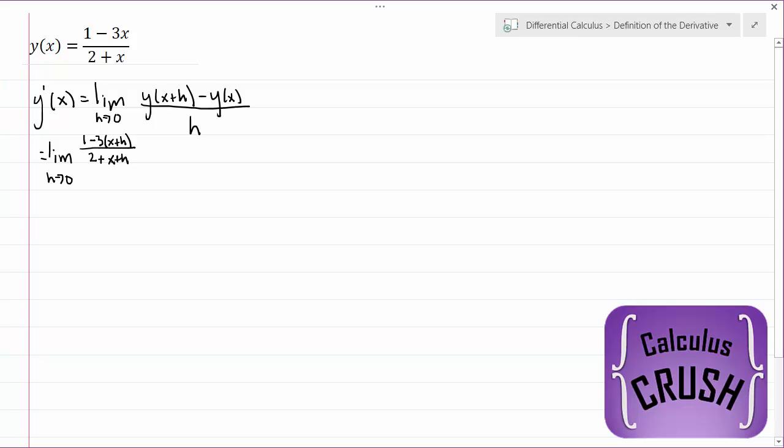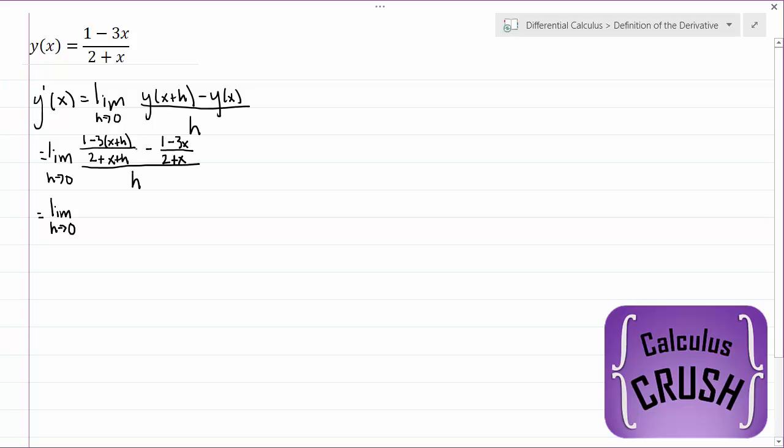So this quantity here is y of x plus h, minus y of x, which is (1 minus 3x) divided by (2 plus x). And that whole thing is divided by h. Next, rewrite the limit as h goes to 0 because we haven't taken the limit yet.